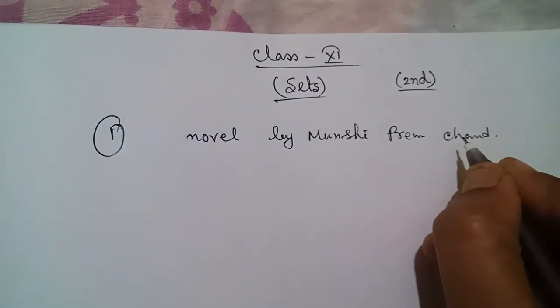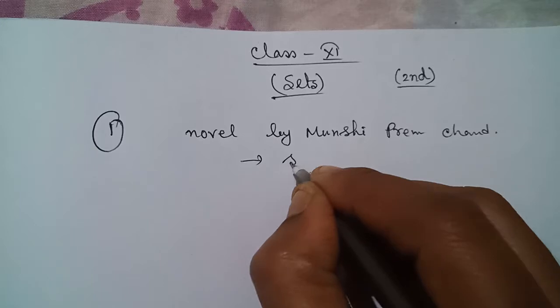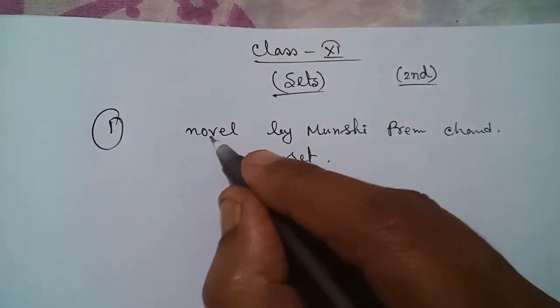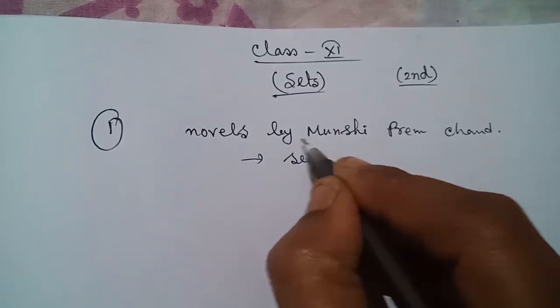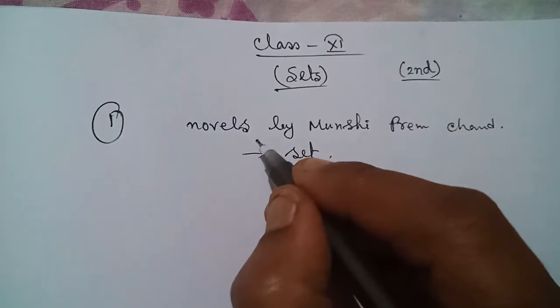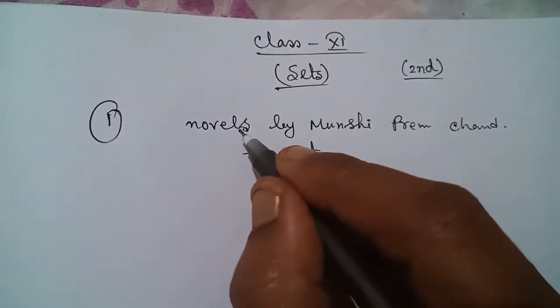Is it a set? Yes, this is a set, as we can figure out all the novels. Novels by Munshi Premchand are obviously very easy to find out. So this is a set. So this is well defined.